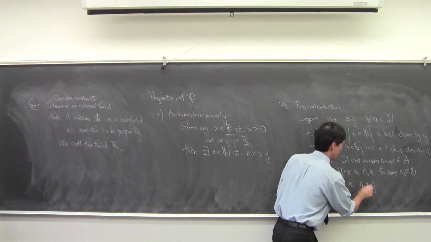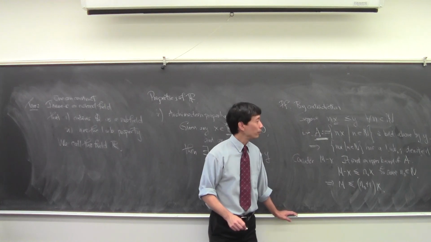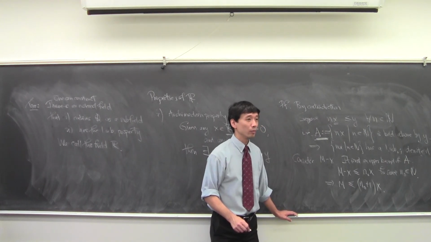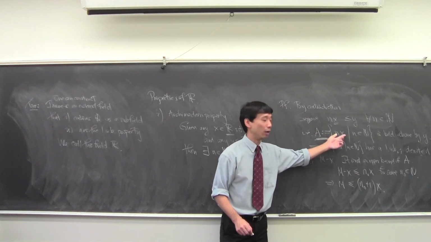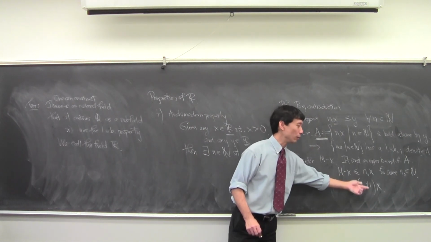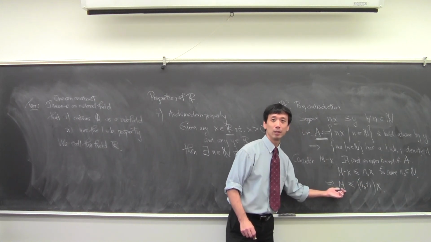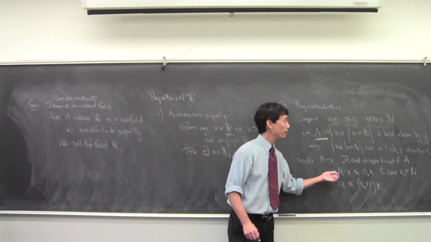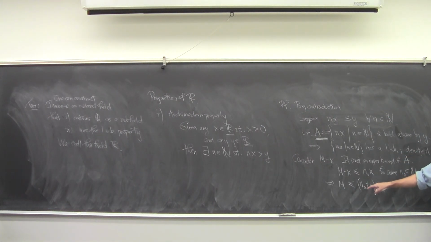M is less than n naught plus 1 times x. But m was supposed to be an upper bound to the set of all multiples of x, and here we found a multiple of x that is bigger than m. So that's a contradiction. M was an upper bound of this set, and now we're saying that m is not an upper bound of the set.